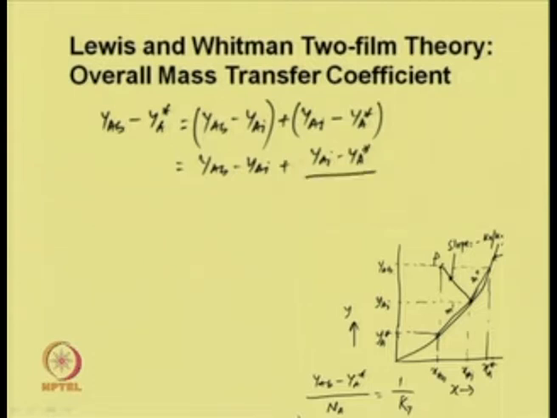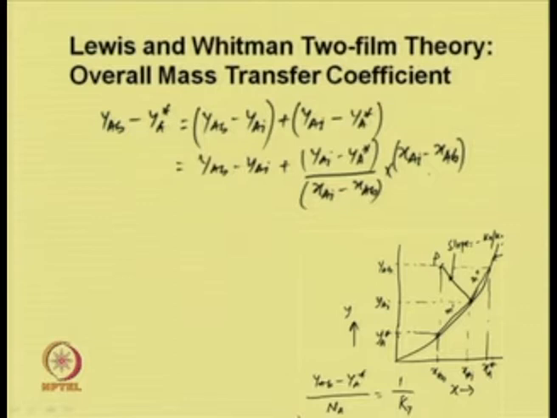If we multiply by x_AI minus x_Ab, in both denominator and numerator, this is the slope of this line.